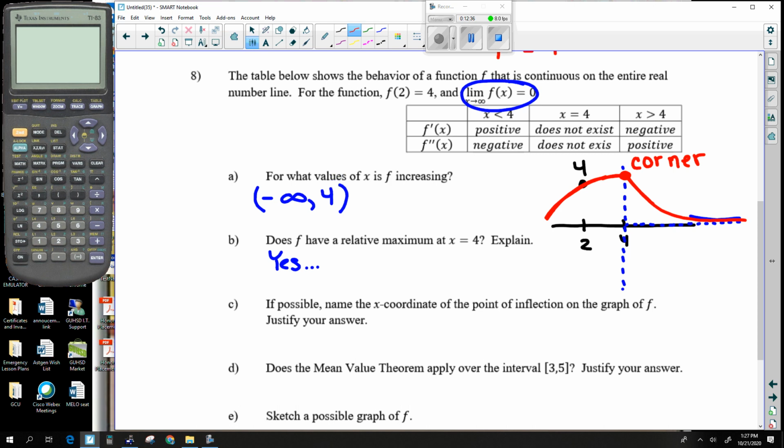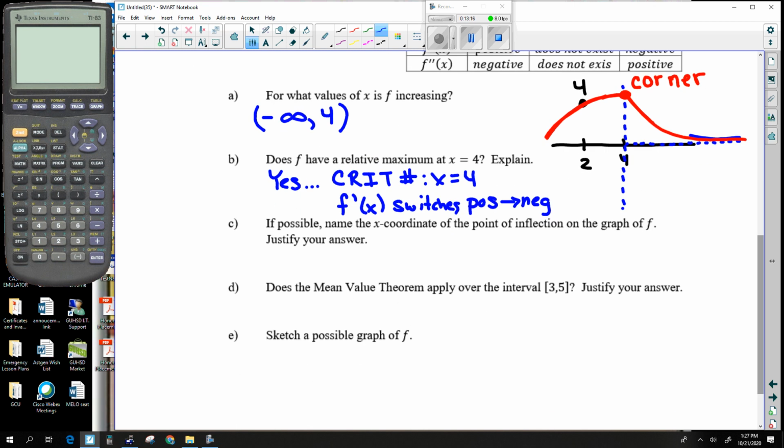It is defined, and it's increasing going up and decreasing going away. So it's a critical number because the derivative is undefined. And then it switches from increasing to decreasing, or AKA the first derivative switches from positive to negative. So that implies that it is a maximum. It just happens to be a corner.